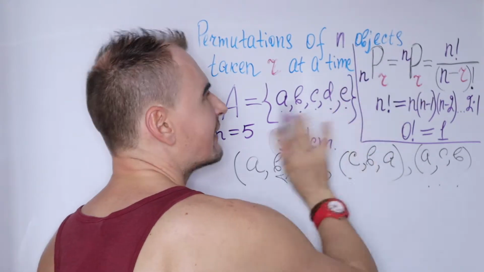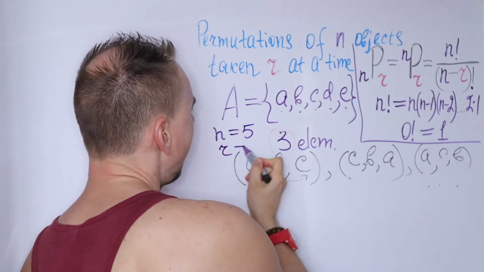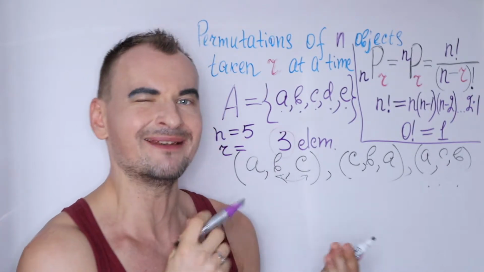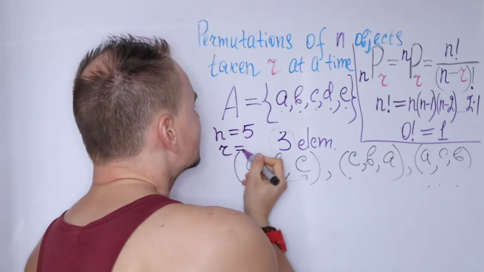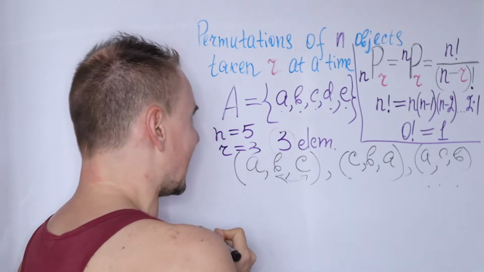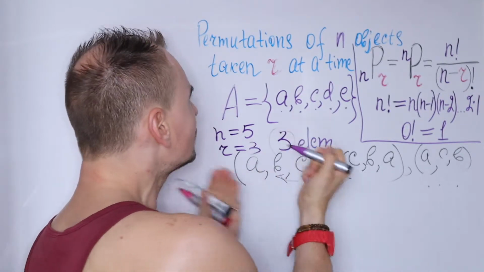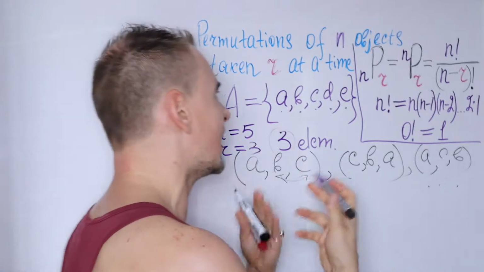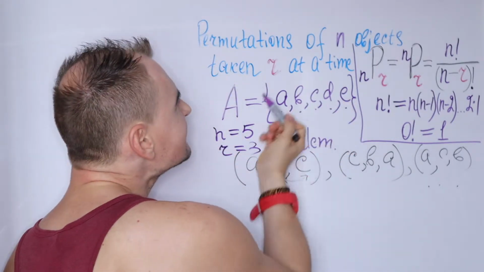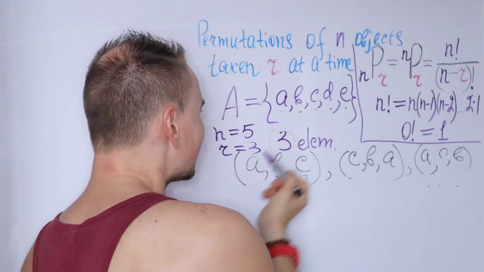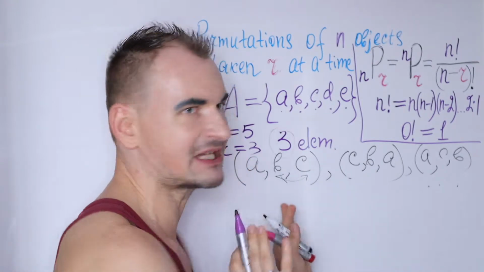And my r, or sometimes it is denoted by k, doesn't matter, equals 3. So I'm going to take, select or pick, if you like, from these 5 elements any 3, in a particular order.